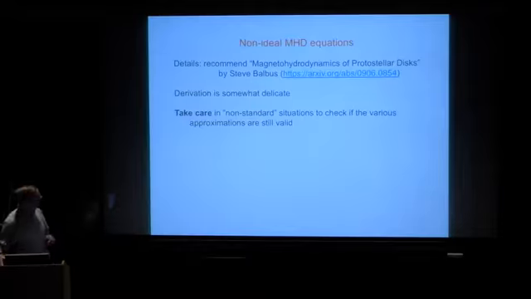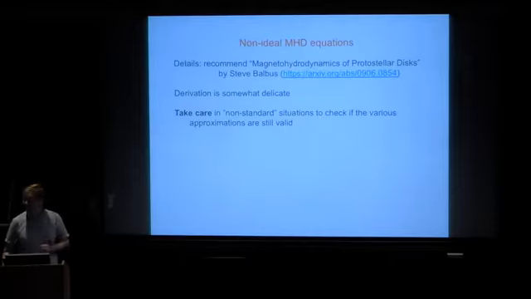It does mean that, in principle, one should take care if you're dealing with non-ideal MHD situations which are somewhat removed from those typically considered, because there are various approximations in the derivation, and one could get into circumstances where those approximations, which in normal circumstances are valid, turn out to be not valid anymore. Okay, so that's just a word of caution.